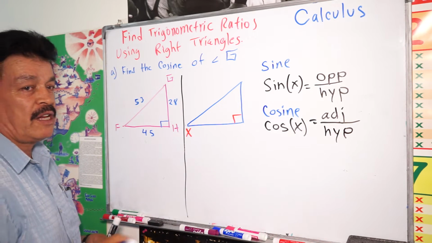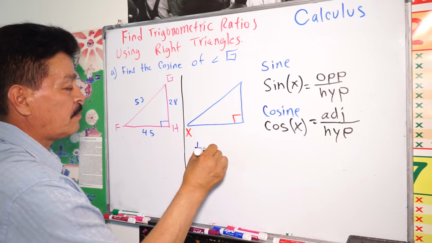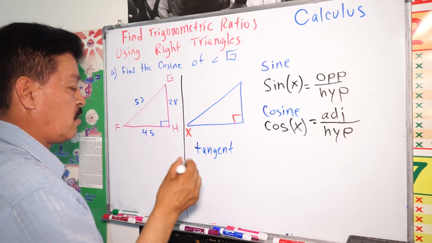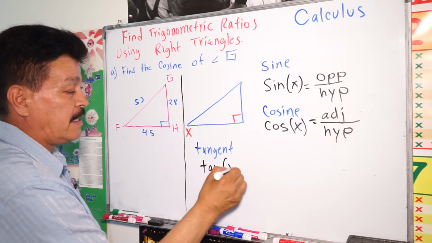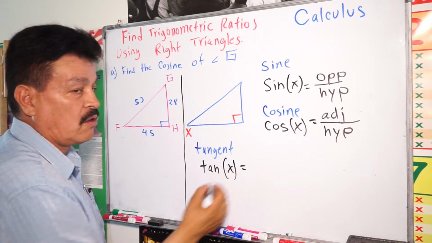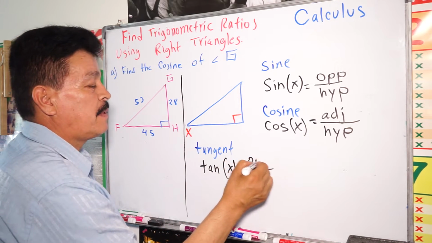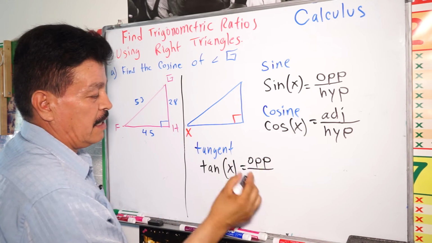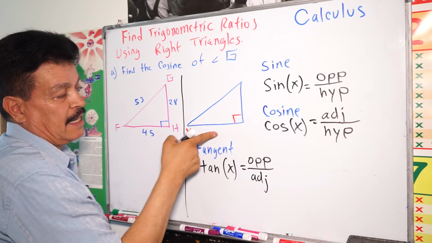The other one is tangent. This is another very important concept. Tan X for this angle equals opposite cathetus over adjacent cathetus.